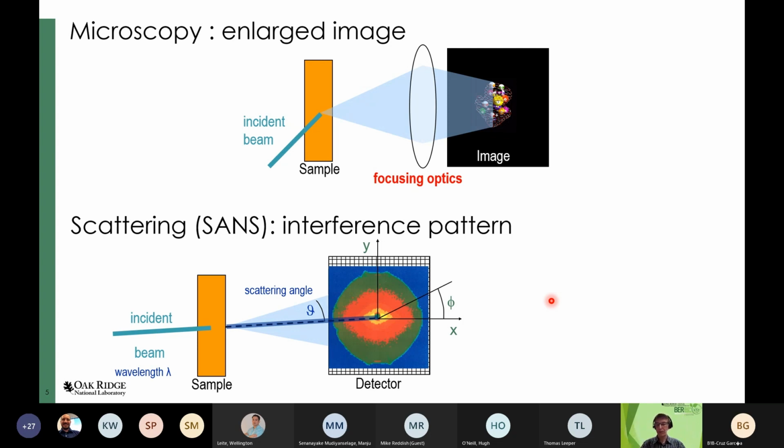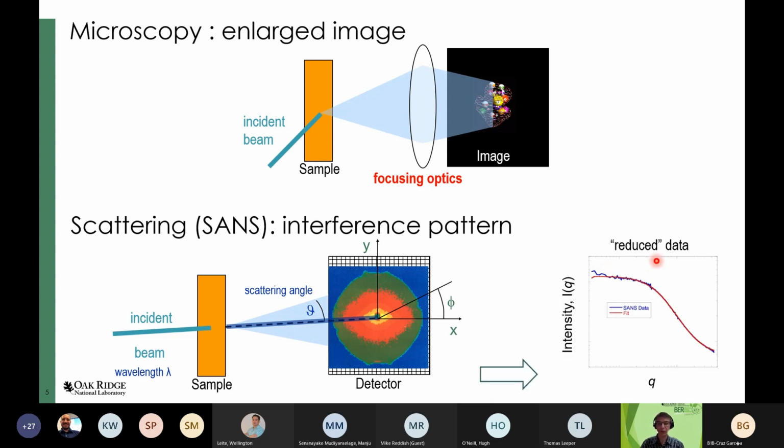and you'll find a circular pattern. Now, if you have a circular pattern, then you can average that around these rings, and then you get what we sometimes call one-dimensional data. We call this also reduced data, where you then plot the scattering intensity away from that beam with increasing angle, and you can see how the intensity drops off. Now the skew, I'll get to this in just a second, basically is related to the scattering angle here.